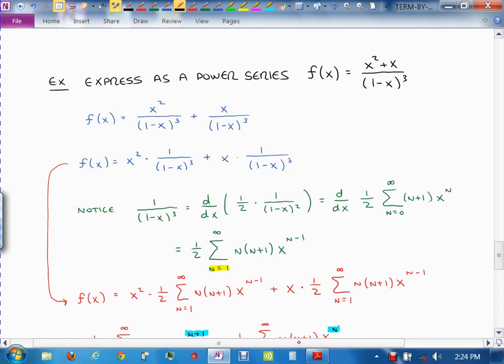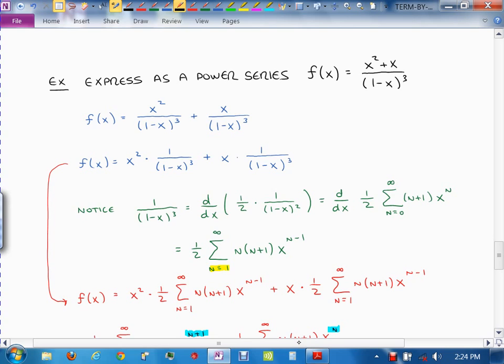So the first thing that I do here is what? Oh, that's right. I just split it into two fractions. Since I had two terms on top, I did two fractions: the x squared over it, the x over it. Now let's look at these individually. This first one, x squared over 1 minus x quantity cubed.